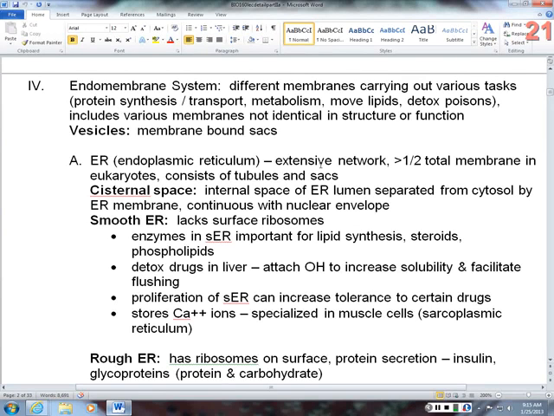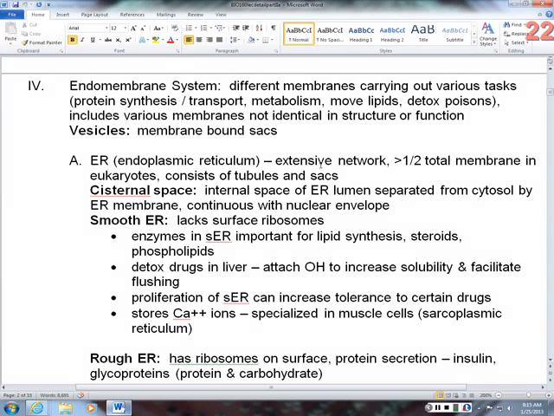It's involved with steroids and phospholipids. When you detoxify drugs in the liver, it's going to attach a hydroxyl group to it. It increases the solubility and facilitates the flushing. One way to make something water soluble so you can flush it out of your body is to put a hydroxyl group on there. So when you take in a toxin, that's a way for your body to flush it out.